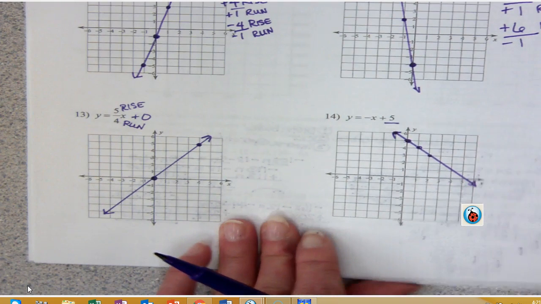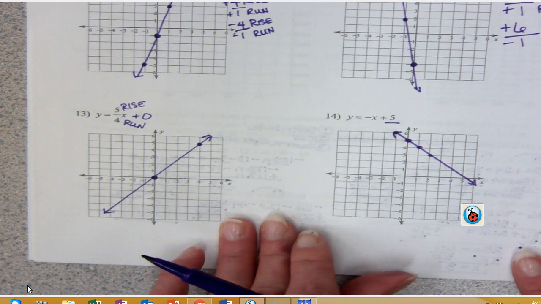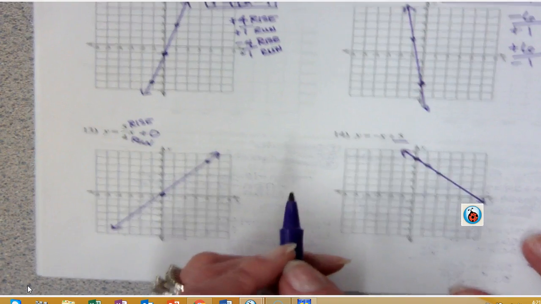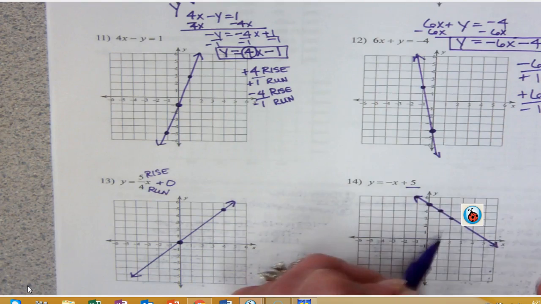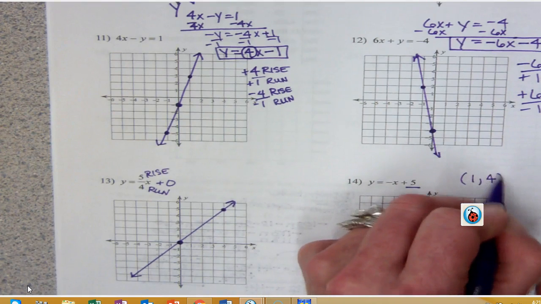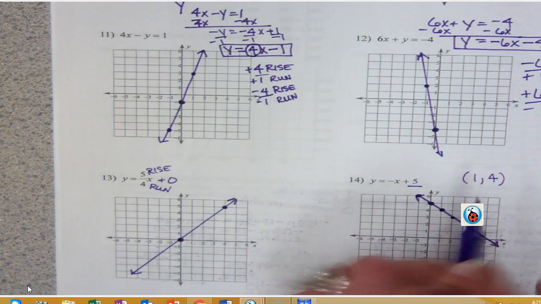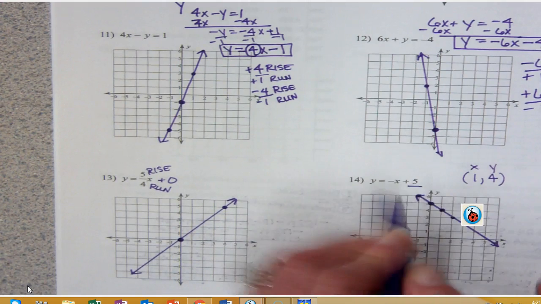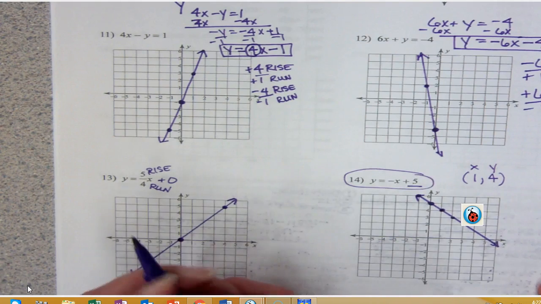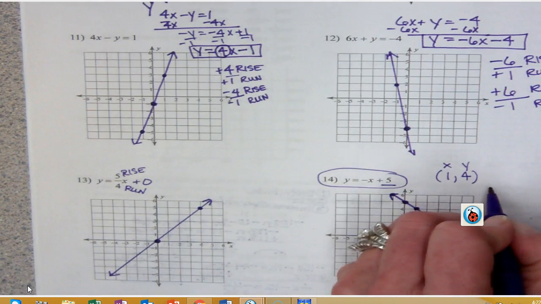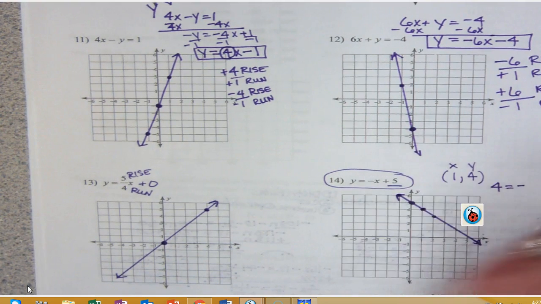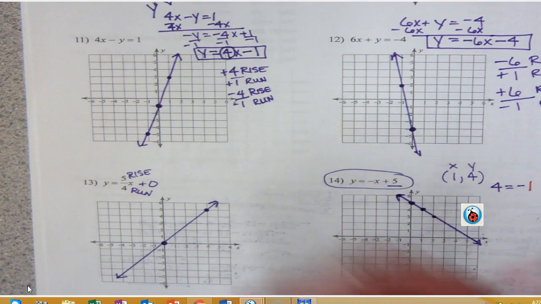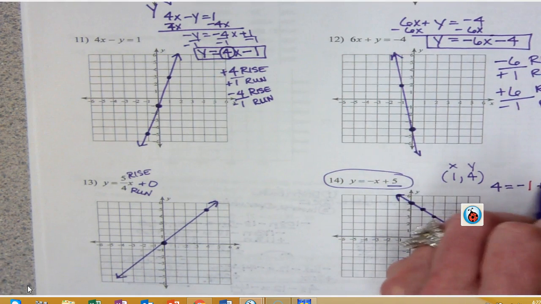Moving on. Oh, and here's one thing that I was going to tell you. You should be able to check your answers by picking a point on these lines and plugging it into the equation and seeing if it works. For example, I see that this point, 1, 4, is right here. If I plug in this for my x and this for my y into this equation, would that actually work? Well, let's try it. So if y is 4 and x is 1, I've got a negative x plus 5.